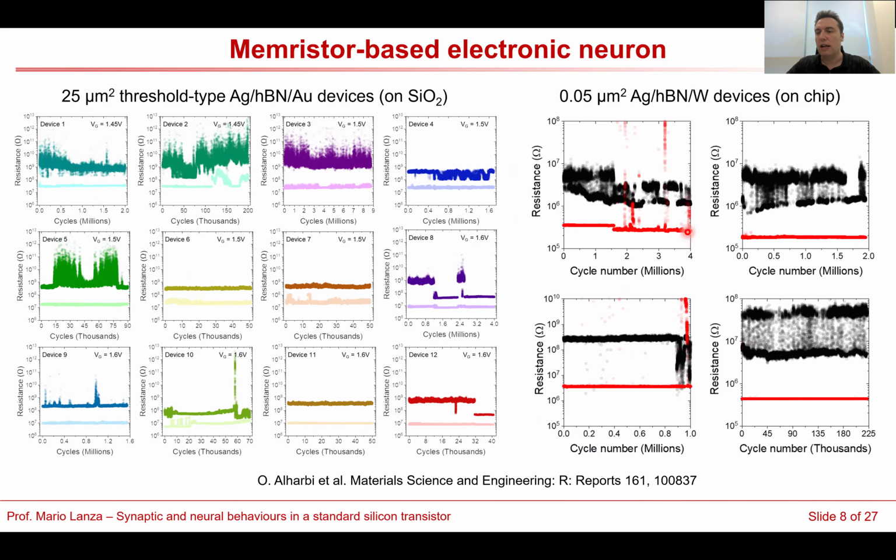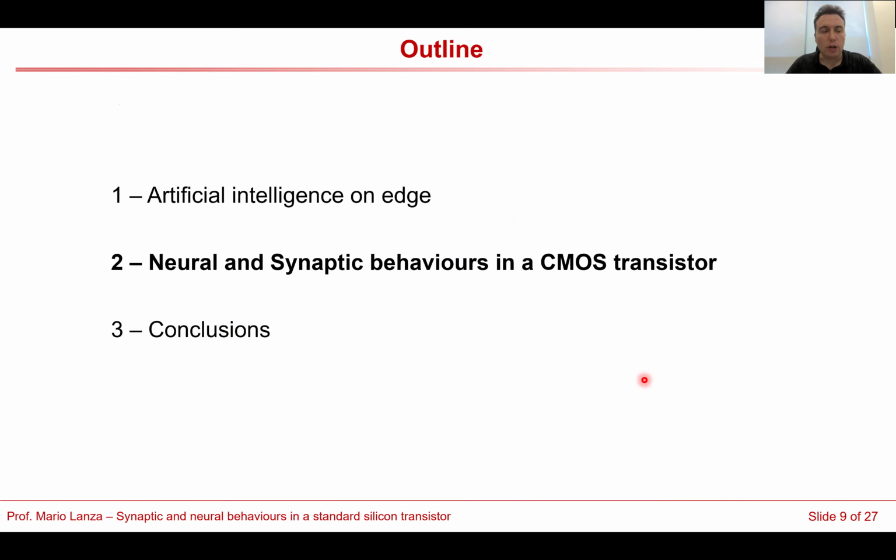We also see relatively high endurance, but we have significant variability of the levels from one device to another. So we have explored this behavior. We have tried to work with other technologies that could produce this kind of threshold type resistive switching phenomenon with leaky integrate and fire and with highly non-linear transition, which is what neurons need to exhibit.